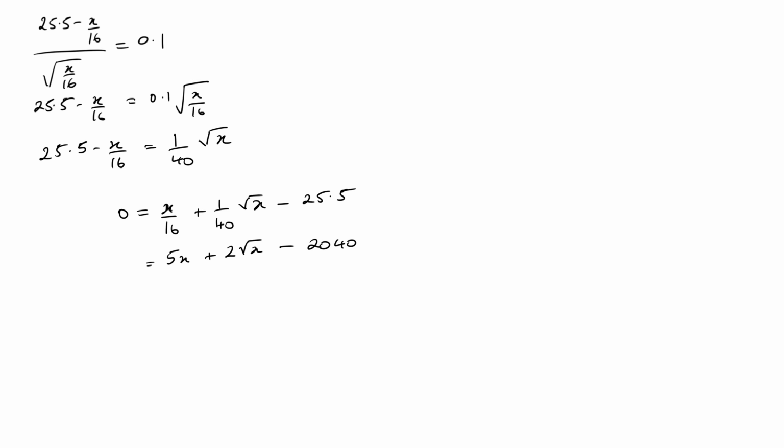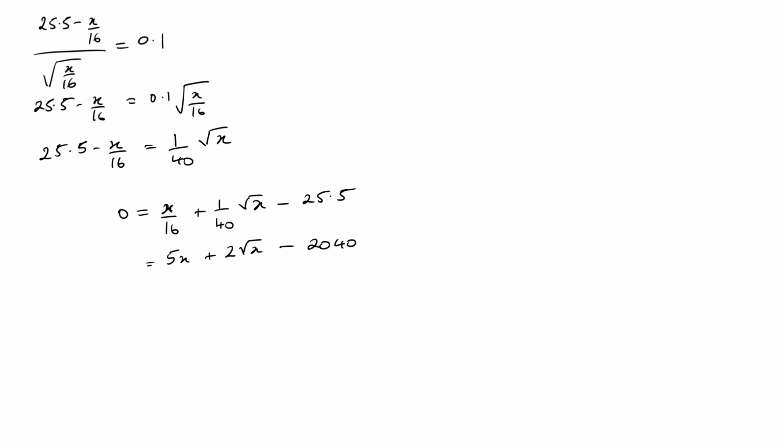Yeah. Now it's like a quadratic, can solve it. I would just use my calculator. I mean, I could have used my calculator from this step to be fair, but so we have 5x squared, 2x and minus 2040.